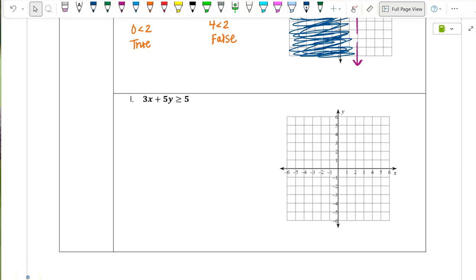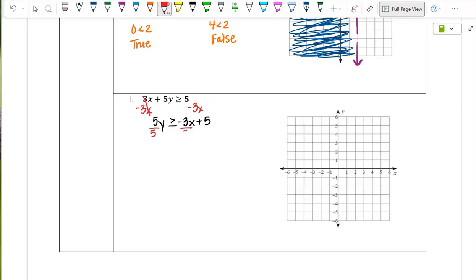All right, so we have 3x plus 5y is greater than or equal to 5. So we have to start by subtracting that 3x from both sides, because again, we need to put this in slope-intercept form. So 5y is greater than or equal to negative 3x plus 5.